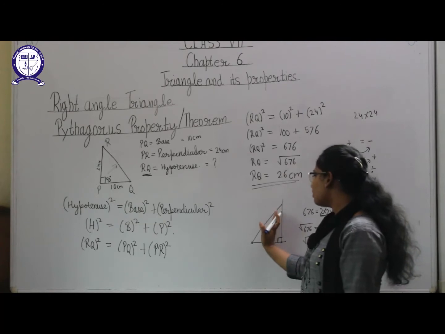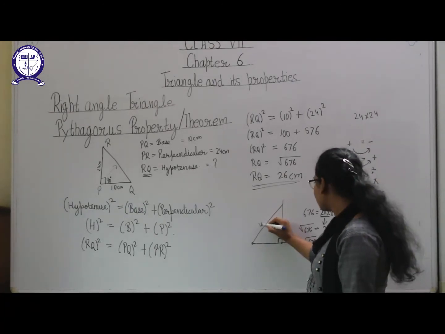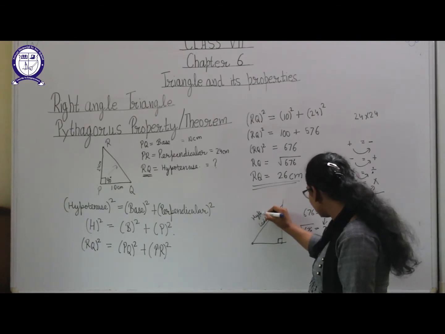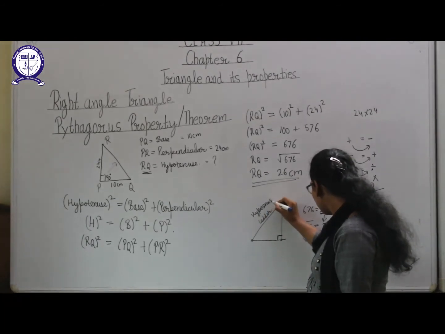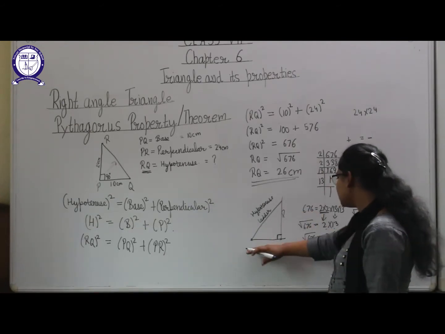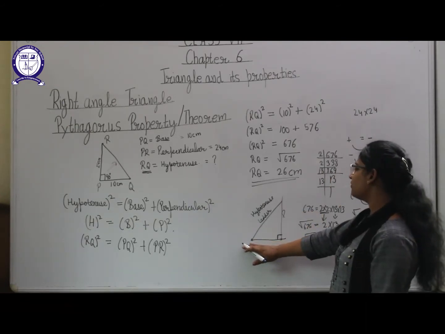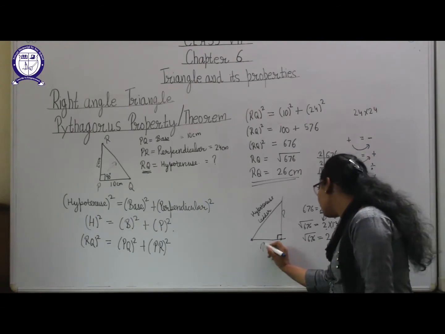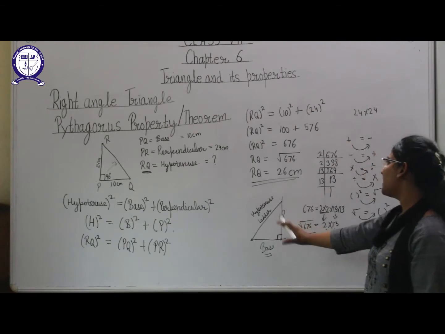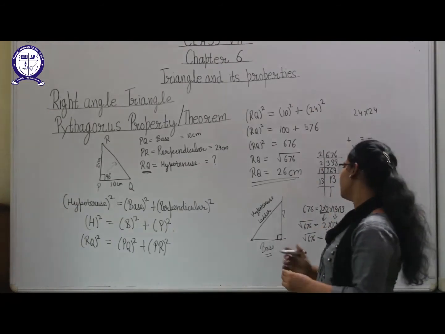So the length of our ladder will be the hypotenuse. Our wall will become the perpendicular, and the distance from the foot of the ladder to the wall will be the base. And by this we can solve this question by using the Pythagoras property.